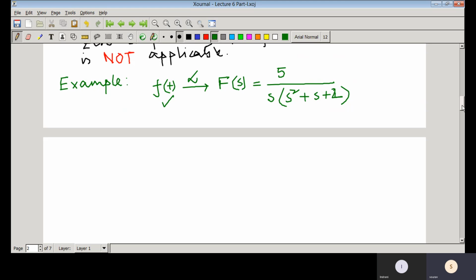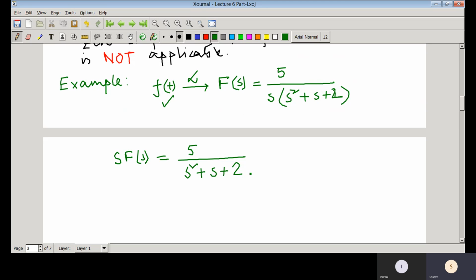But before applying it, we need to see whether sF(s) is analytic on the closed right half of the s plane or not. If you do that, you will get 5 by s square plus s plus 2, and this function is analytic because the poles are lying in the left half of the s plane.